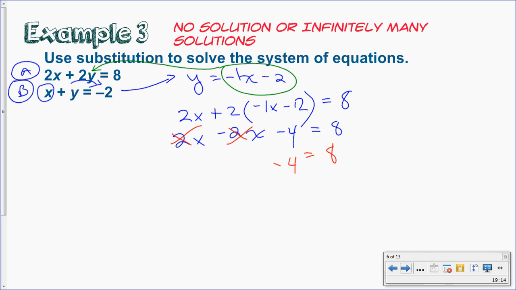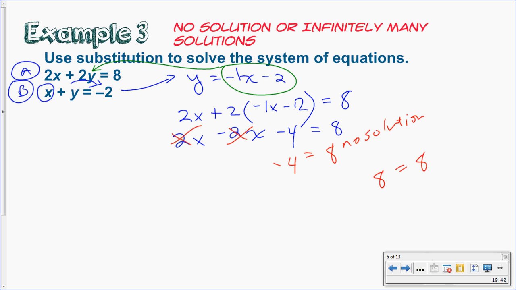There would be many solutions, good. But infinitely many means what? My lines do what? If I had 8 equals 8, then that would be what? This is no solution. That means the lines are what? Parallel.